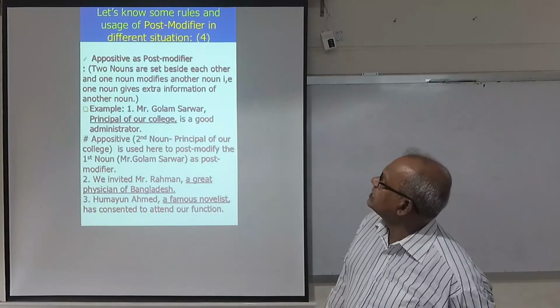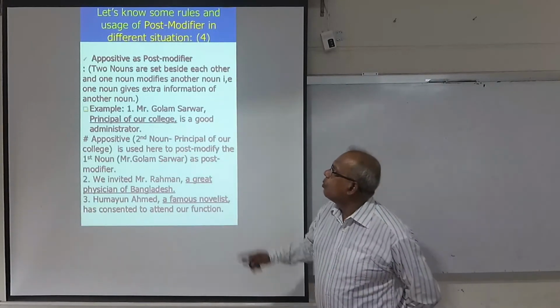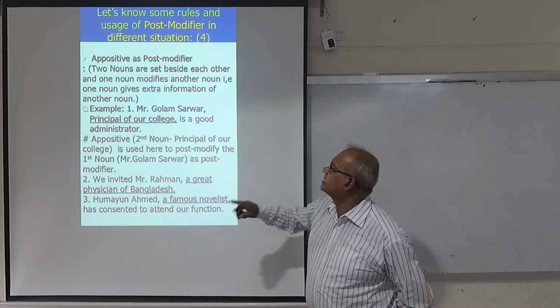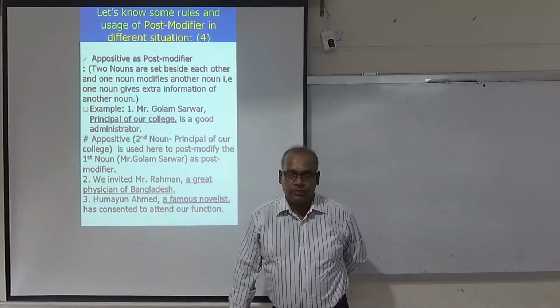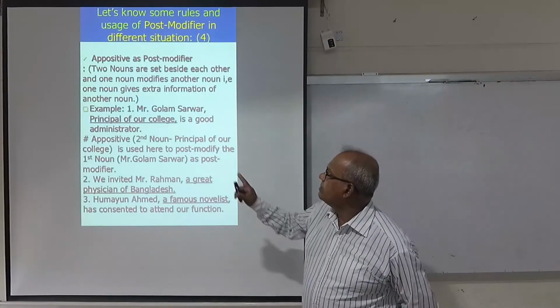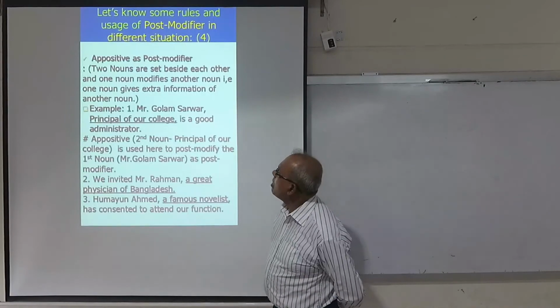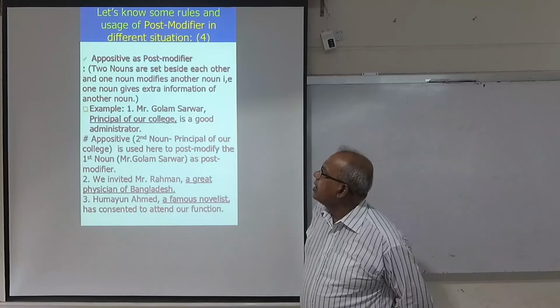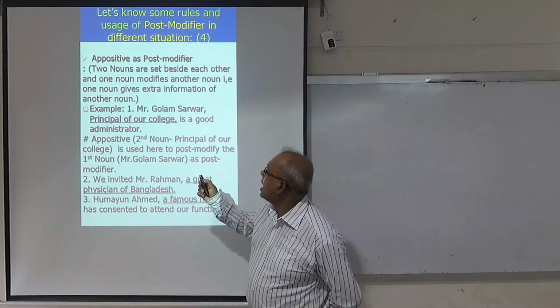Two nouns are set beside each other and one noun modifies the other noun. That means one noun gives extra information about the other noun. It is called an appositive. Example: Mr. Gulam Sarwar, principal of our college. Mr. Gulam Sarwar, comma, principal of our college.